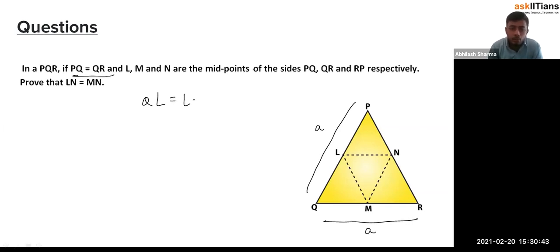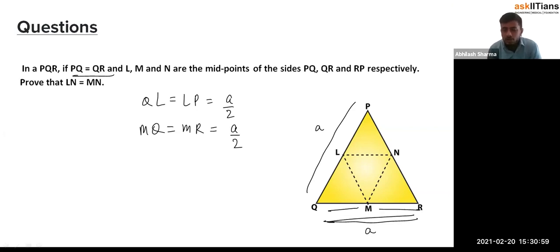So QL will be equal to LP, which will be equal to A by 2. Similarly, MQ will also be equal to MR because it is the midpoint, equal to this entire length by 2. Since both of them are equal to A by 2, we can say they are equal to each other also, since all of them are A by 2.